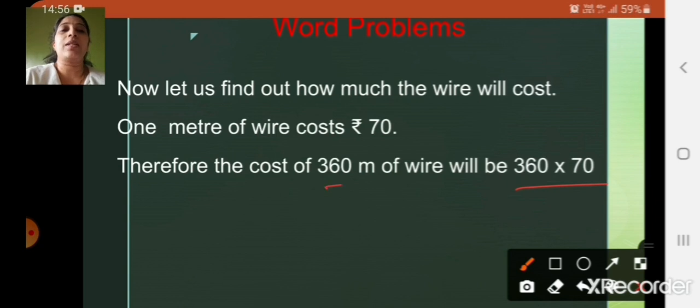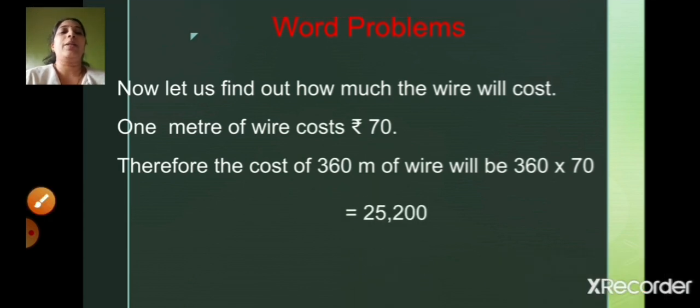So this 360, children, we got it from the perimeter, right? We found out the perimeter and then we multiplied it by 3, right? So we got 360 meter. So when 1 meter of wire costs 70 rupees, so 360 meter of wire will cost how much? So you have to multiply 360 into 70.